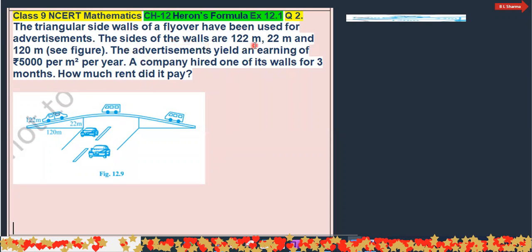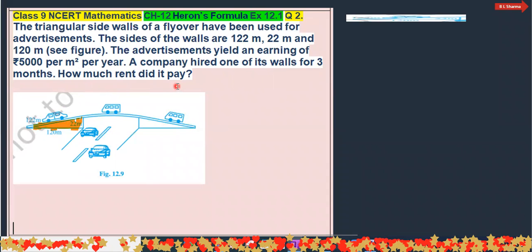The sides of the walls are 122 meter, 22 meter and 120 meter. See the figure. उनका जो 3 साइड्स है वो 122 मीटर है, 22 मीटर है और 120 meter. The advertisements yield an earning of rupees 5,000 per meter square per year. A company hired one of its walls for 3 months. How much rent did it pay?